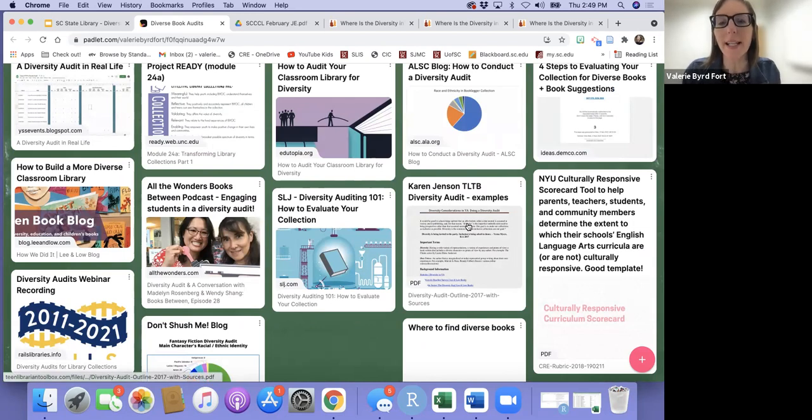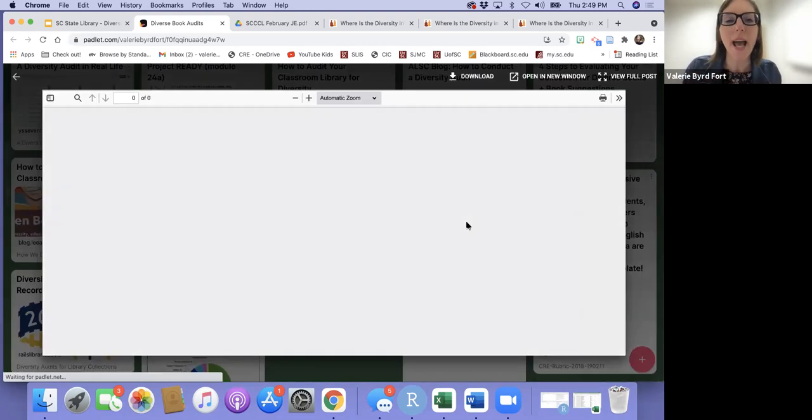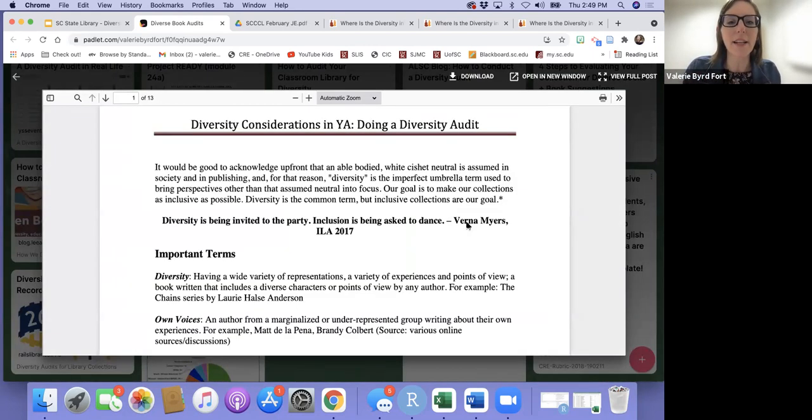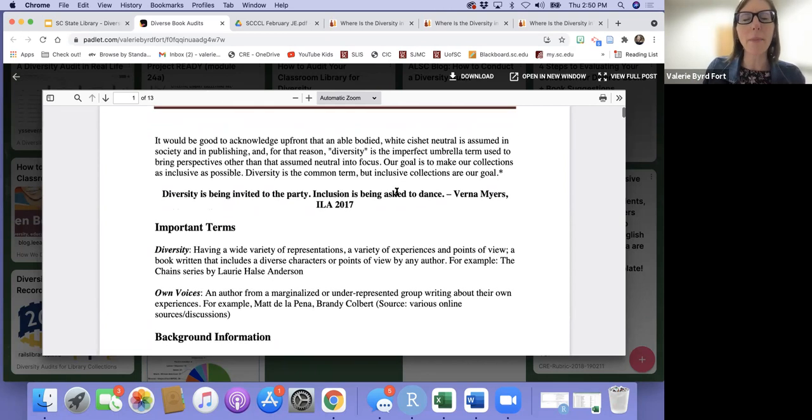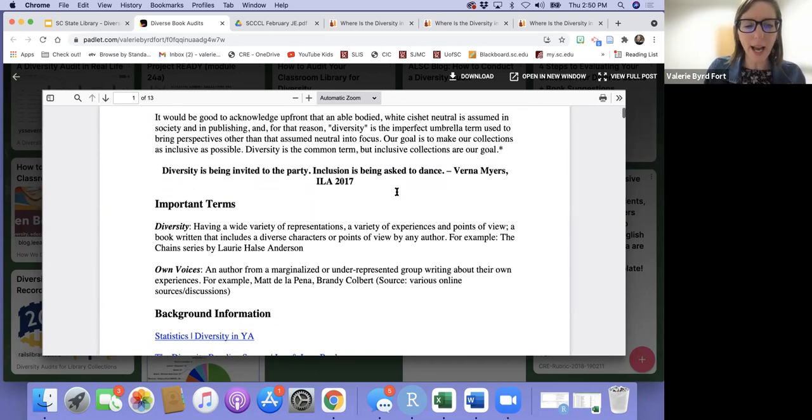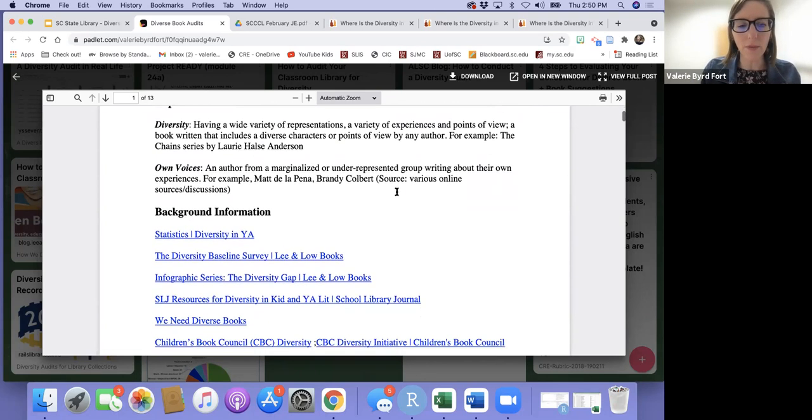Karen Jensen has done a lot of writing about step-by-step how she has done her audits. There is also a link to School Library Journal where she did a whole series on how she conducted her audits, on diversity considerations in young adult, so YA. I believe she is, or was, a high school librarian when she did this.